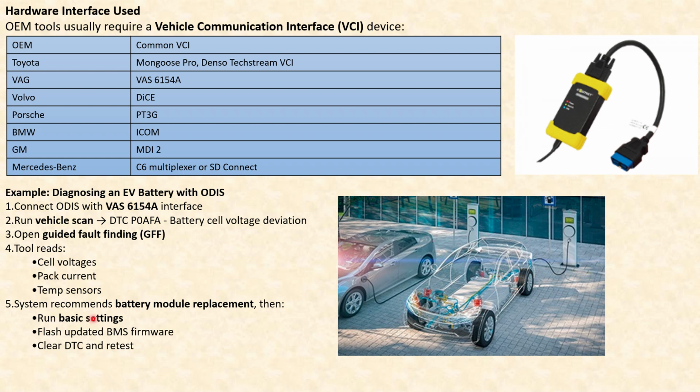Now the system recommends battery module replacement, then run basic settings. Next, flash updated BMS firmware, clear DTC and retest. All right, so these are the various recommendations by the system when the battery module replacement must happen.